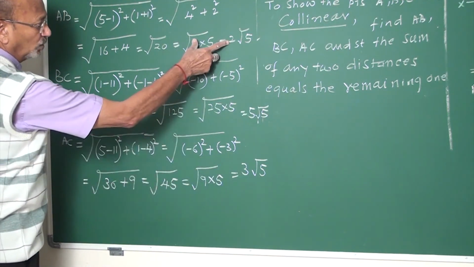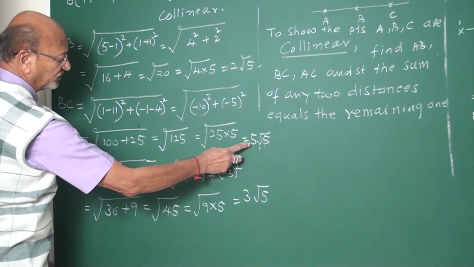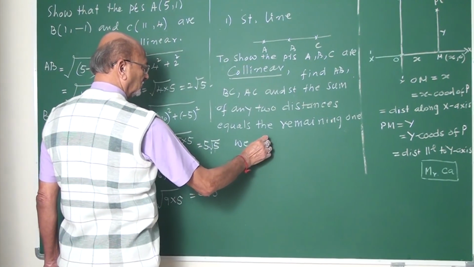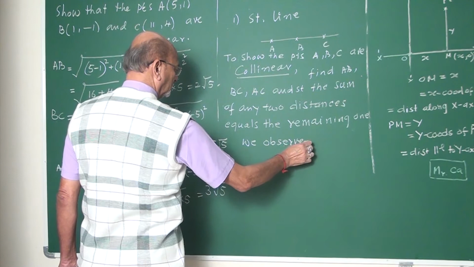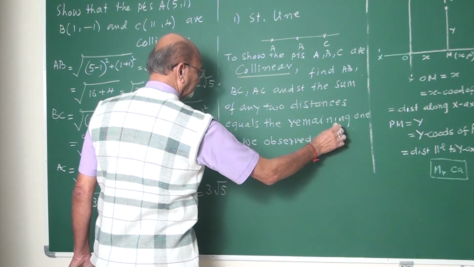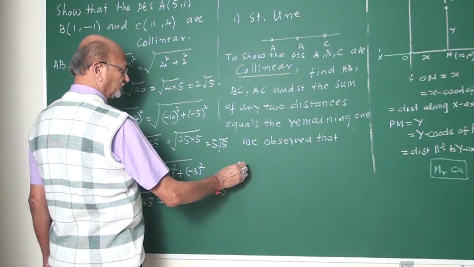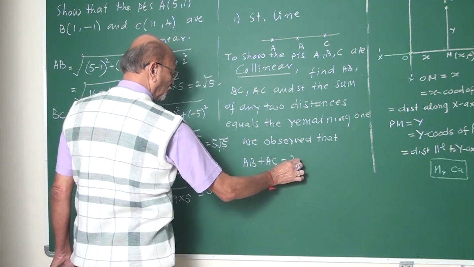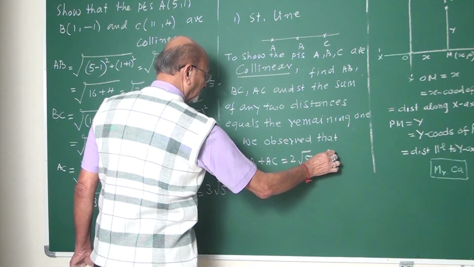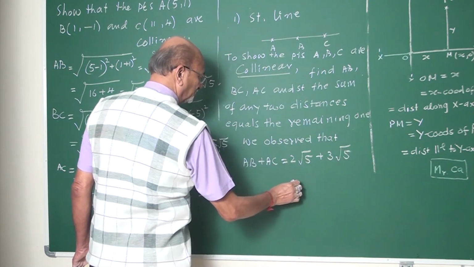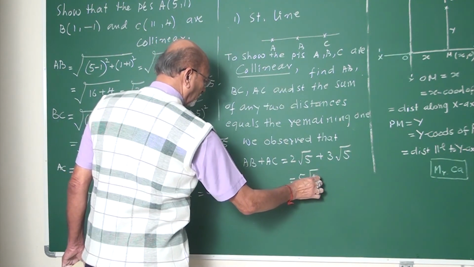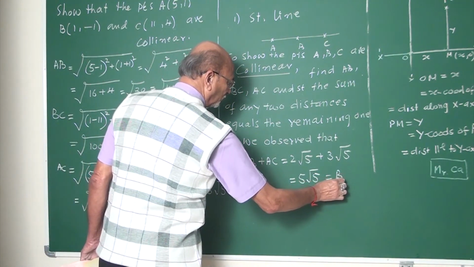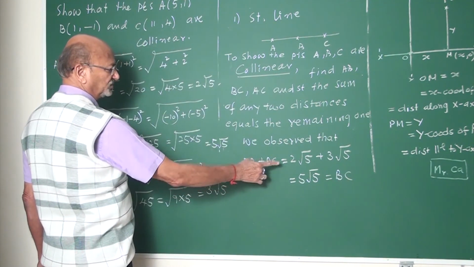What is your observation? 2 plus 3 is 5, equal to BC. Therefore, we observed that AB plus AC: AB is 2 root 5, AC is 3 root 5, which equals 5 root 5, and 5 root 5 is BC. Therefore, the sum of two distances equals the remaining one.